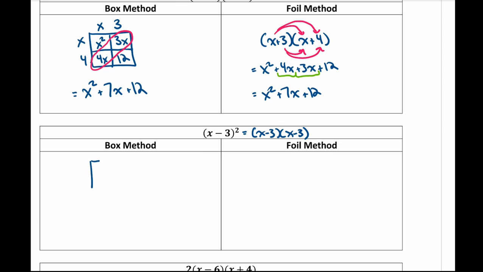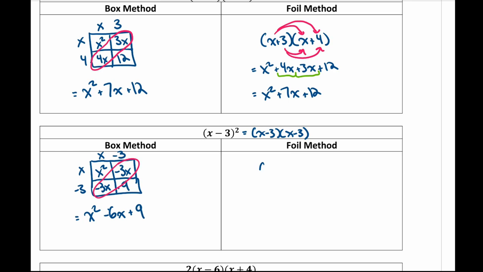So for my box, x and negative 3, x and negative 3. Again, treat the box like a multiplication table. The two diagonal ones should add up. So when we simplify, we have x squared, negative 3 plus negative 3 is negative 6x, and then plus 9.